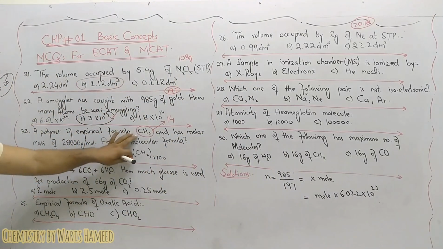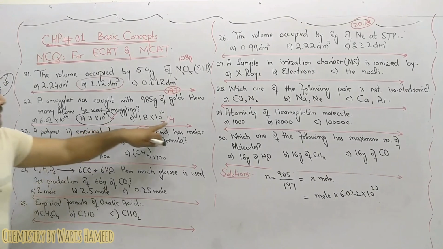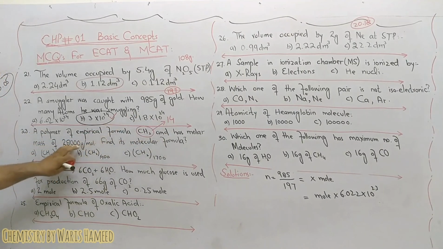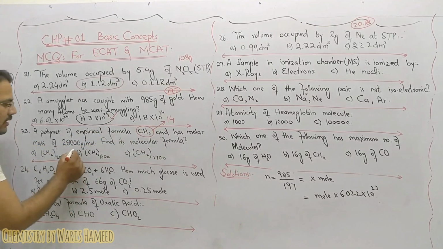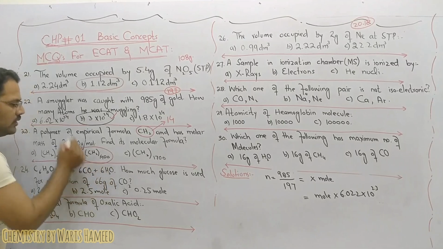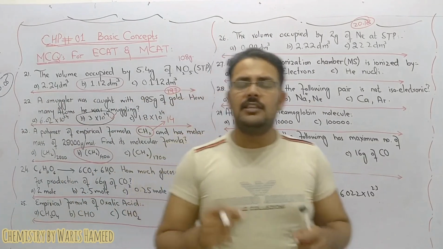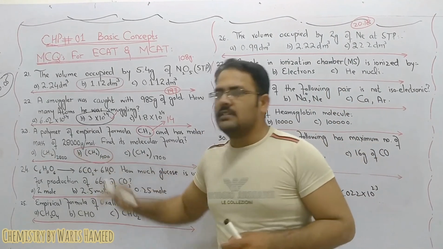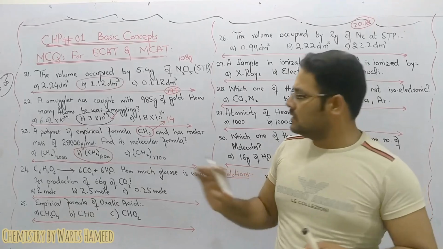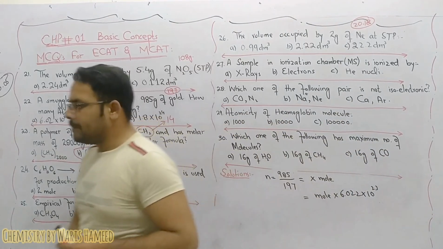Next, what we have to do? We have to divide 28,000 by 14. If we divide 28,000 by 14, we attain 1400. It means that this polymer has 1400 units of CH2. Its molecular formula is option B.